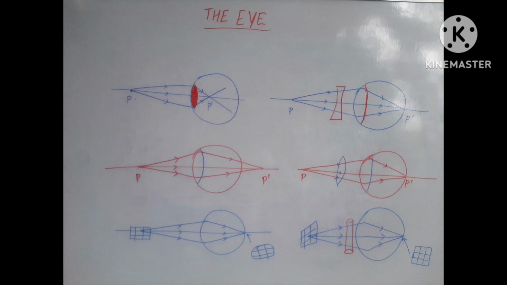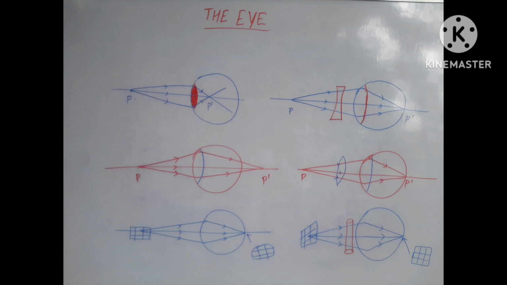The second one is a different defect, in which the light coming from a near point cannot be focused on the retina. The lens focuses the incoming light at a point behind the retina, so we cannot see the object. This defect is known as farsightedness or hypermetropia.